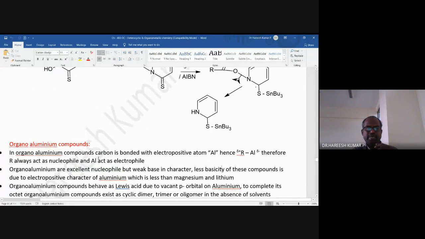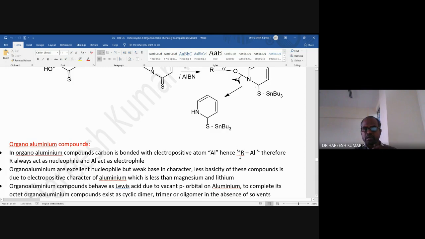Anyway, maybe what you can say is that in organoaluminium compounds, carbon is bonded to an electropositive atom. So as per the words, aluminum should be delta plus, so R should be delta minus.